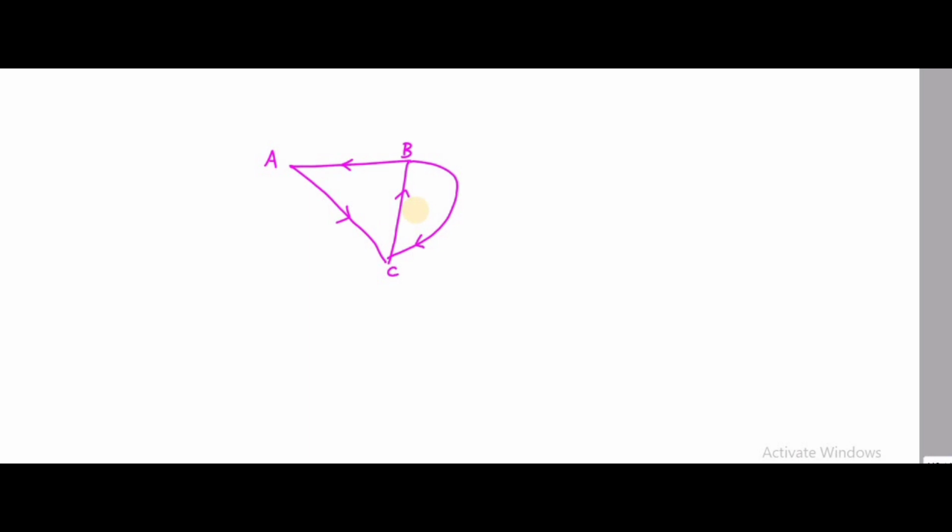It forms a loop, and C is a common point. So the total number of nodes is 3: A, B, C.